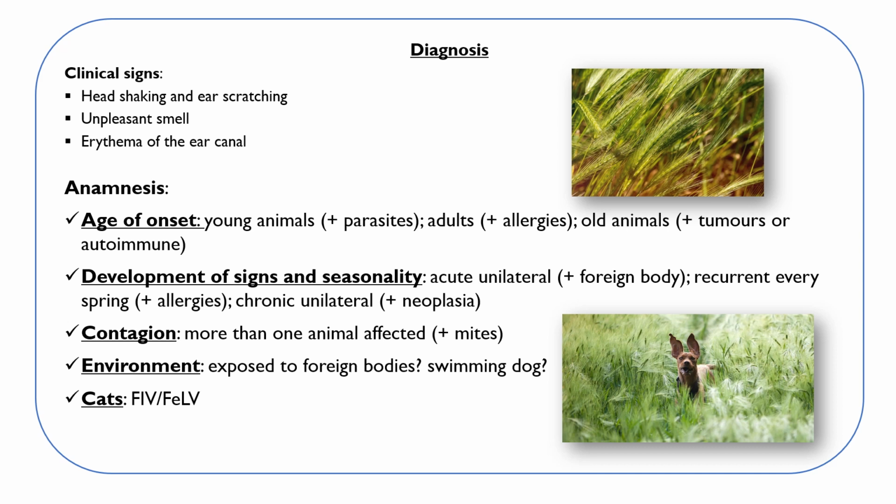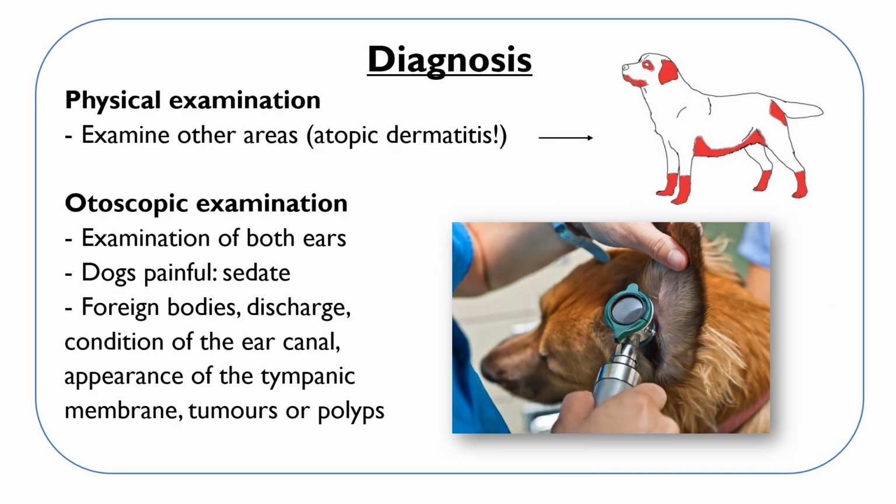Does the dog swim often and has frequently excess of humidity in the ear canal? In cats, the cats should be studied for FIV and FeLV infection, as chronic otitis externa is often linked to these infections.